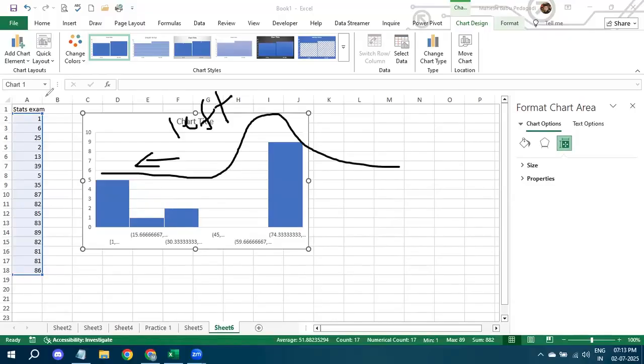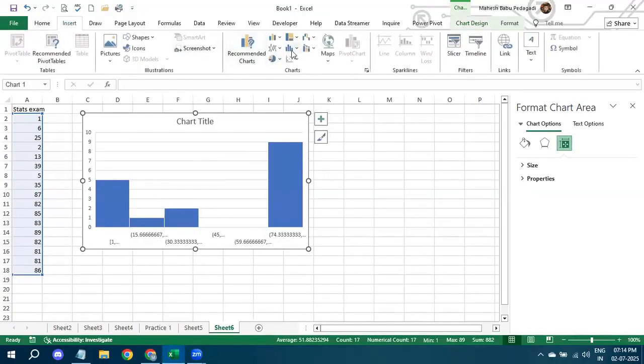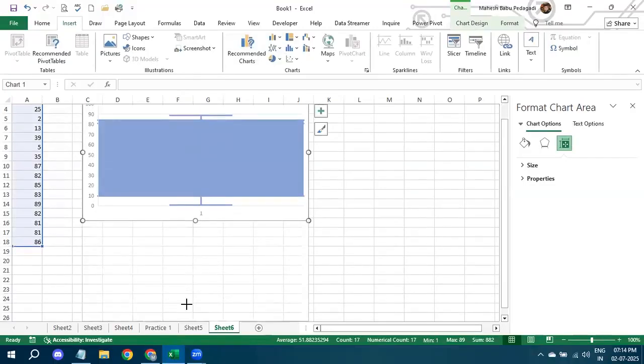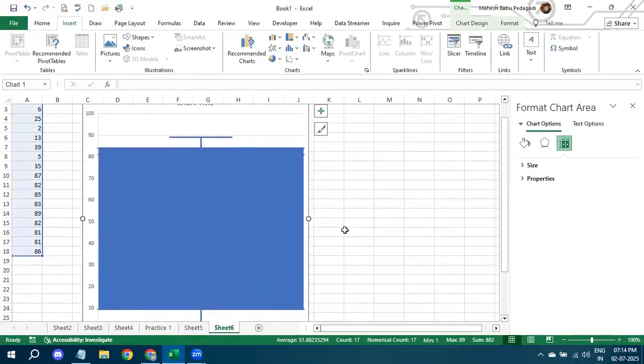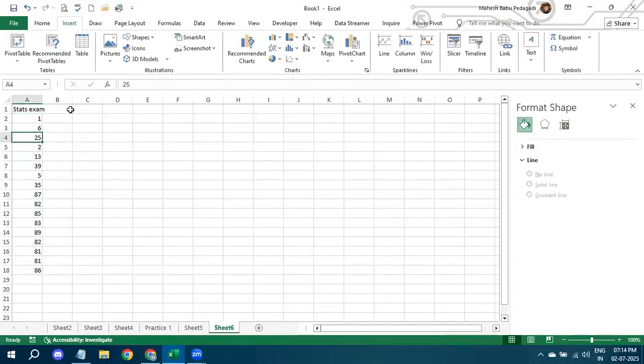Now I will clear all the drawings. If I plot the histogram, that is done. Now I will go to Insert and use the box plot. Do I have any outliers in the box plot now? There are no outliers. Clear? Now consider another scenario.